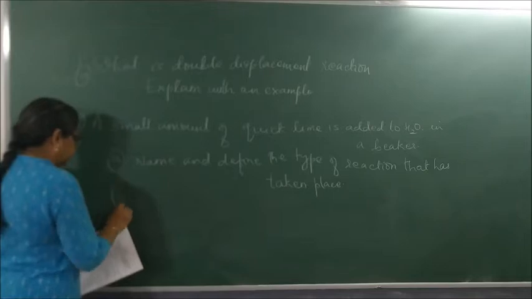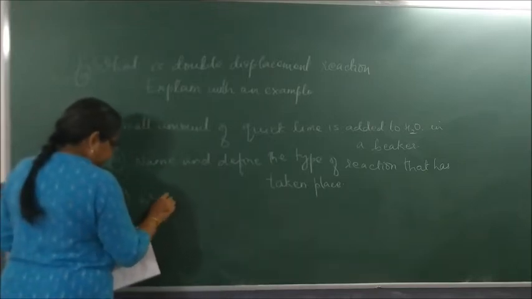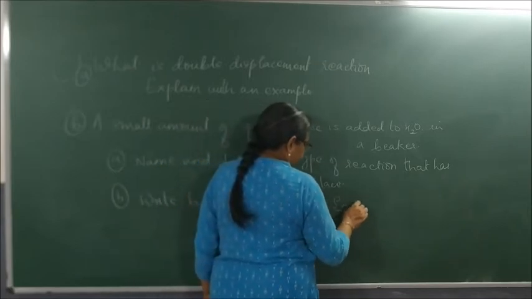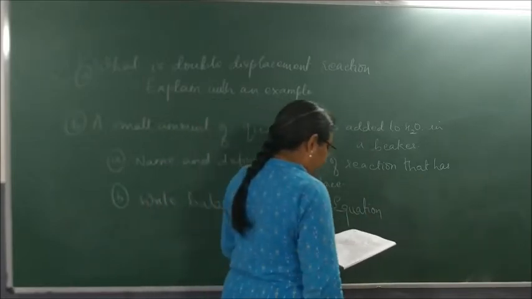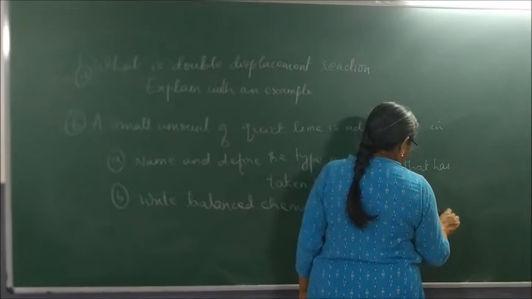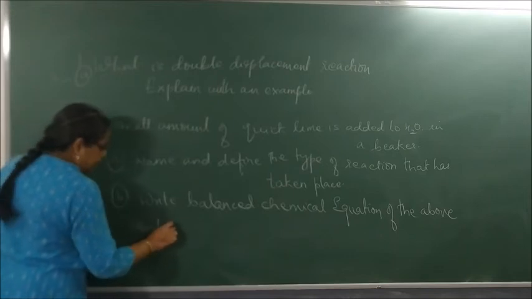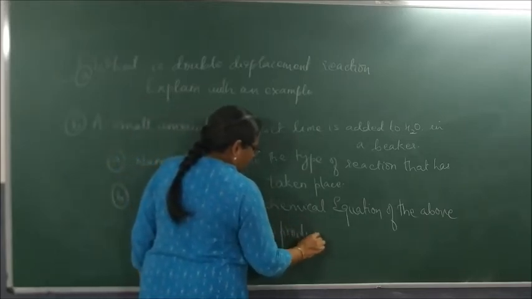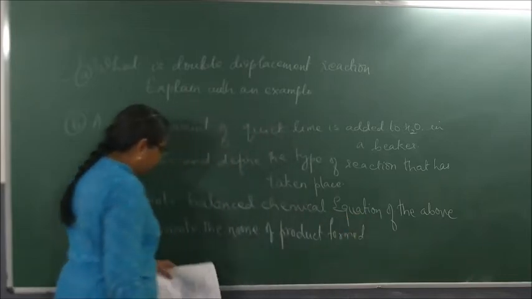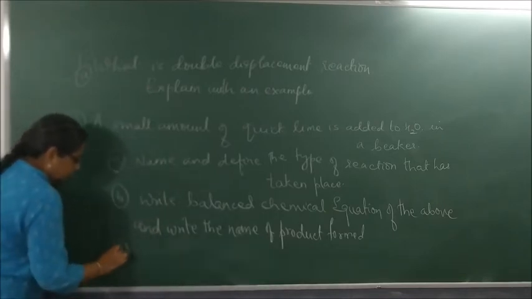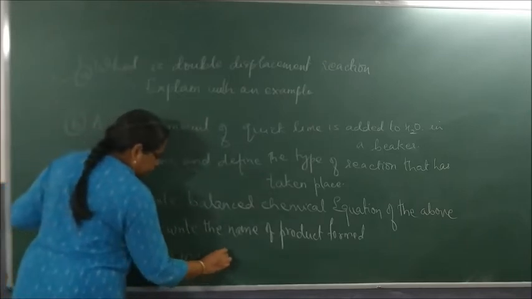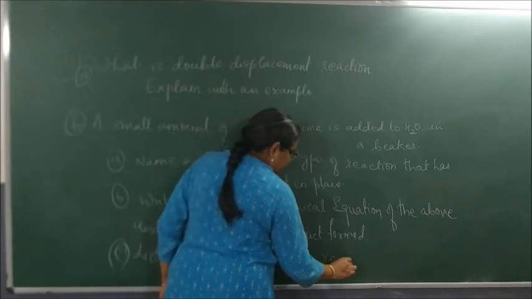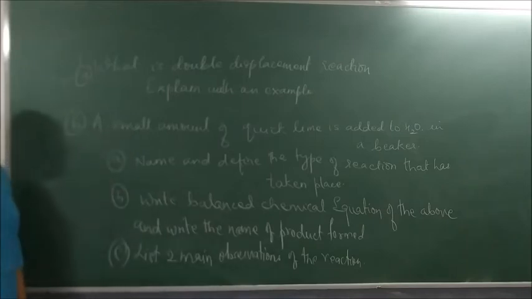Second, write the balanced chemical equation and the name of the product formed. And the last part of the question, list two main observations of the reaction.